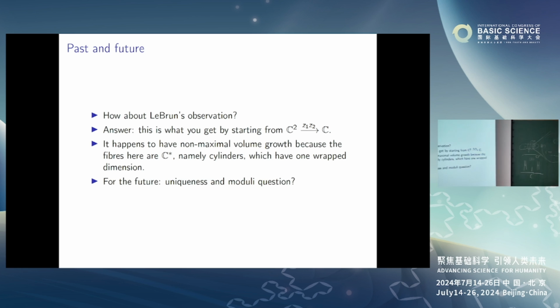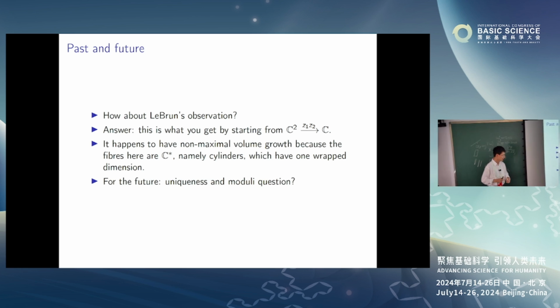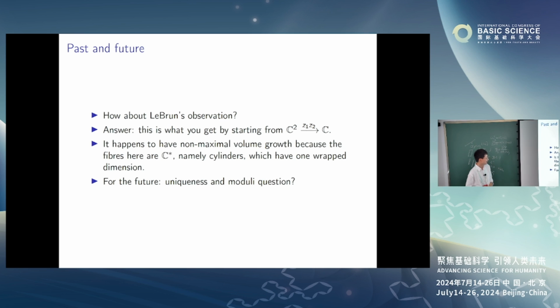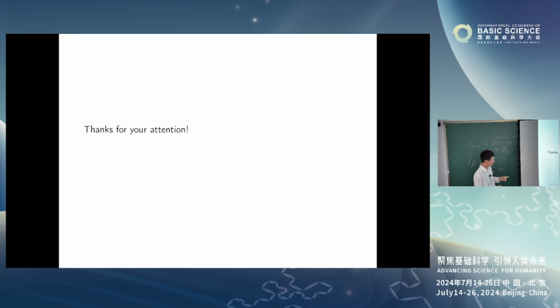Now, here is the big question for the future, for the young people, I guess. So in general, how would you characterize the moduli space of Calabi-Yau metrics on Cn, let's say? By now, we have plenty of constructions given by people like Gabor and Roland Columbus and Rochon.